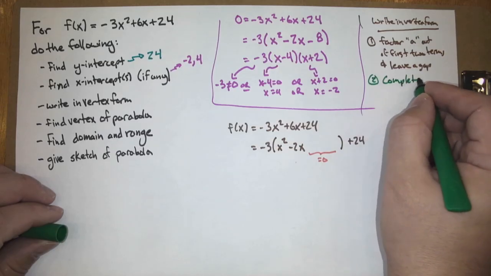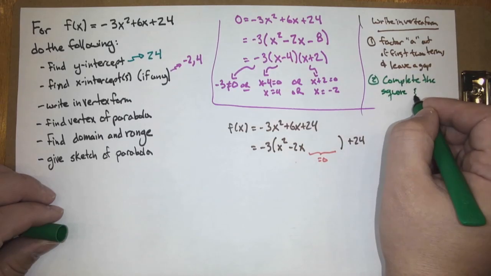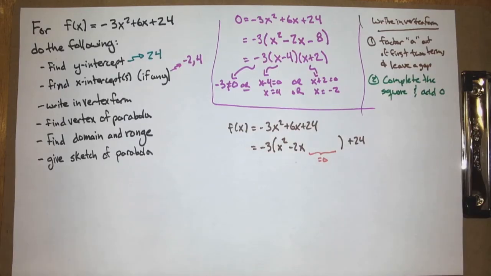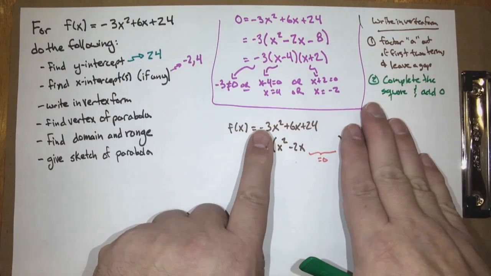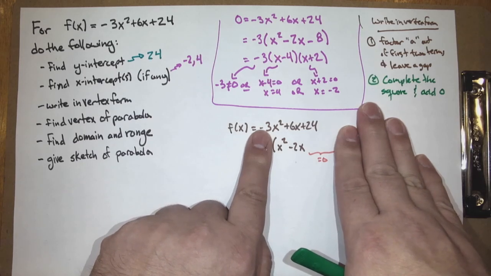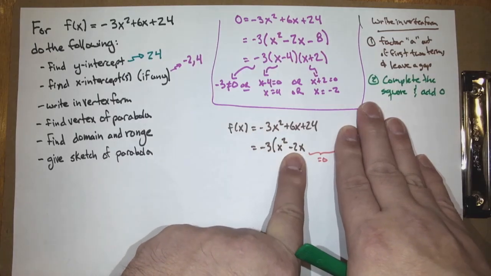And then add 0. So when I complete the square, now just focus on the x squared minus 2x. What would I need to add to x squared minus 2x to make it a perfect square? So the procedure is take what's in front of the x, divide by 2.